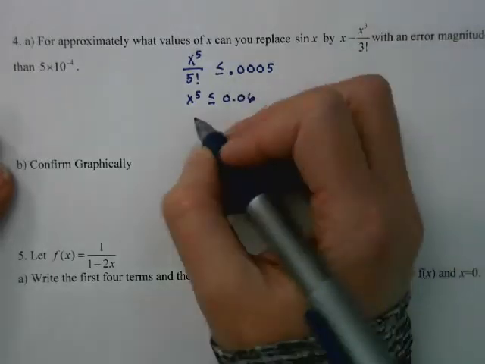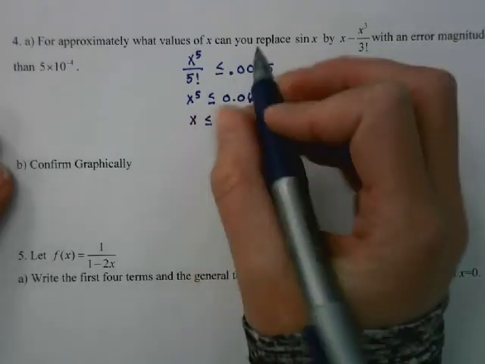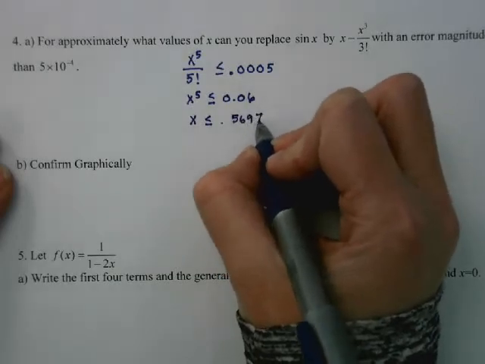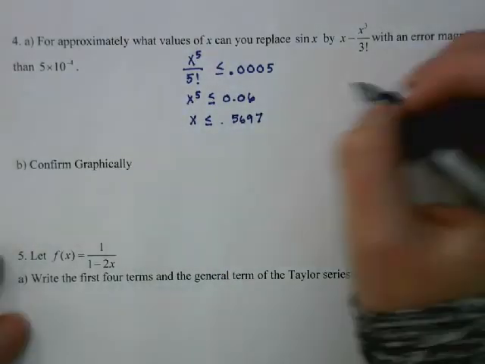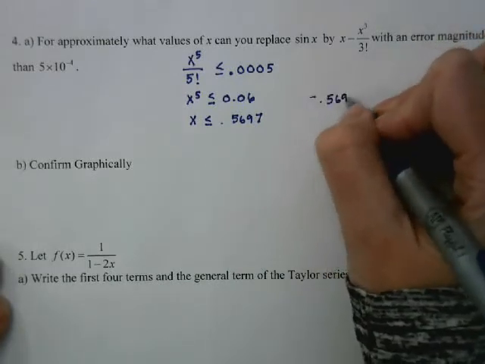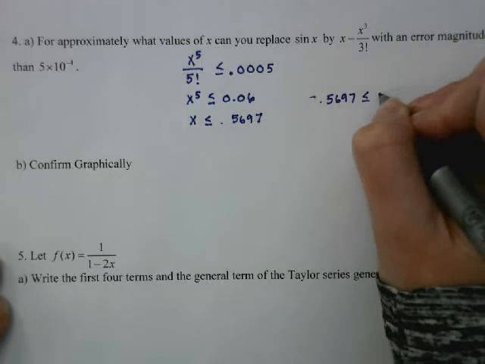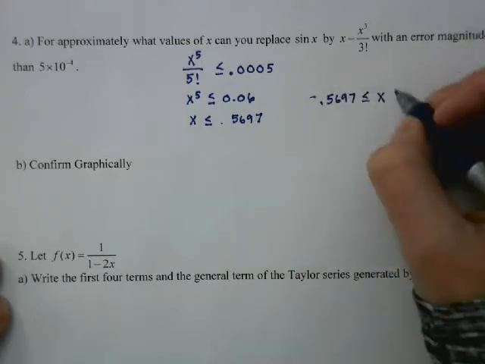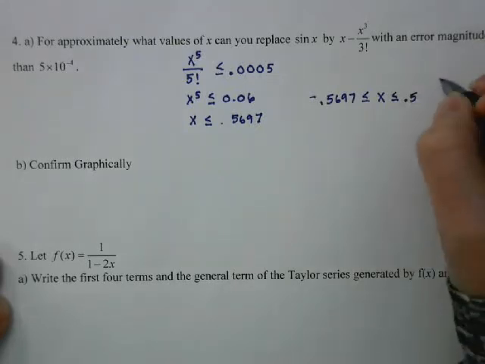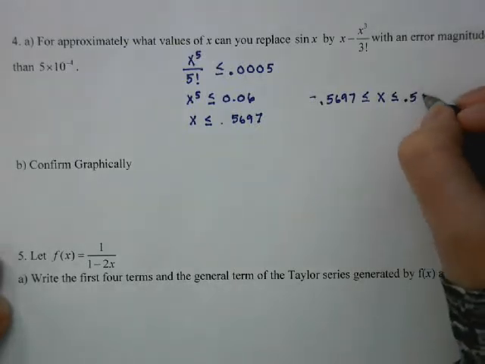And then I'm going to take the 5th root of that. Okay, so I get this. So I can get as far away as 0.5697 and still have an accuracy of 5 times 10 to the -4.